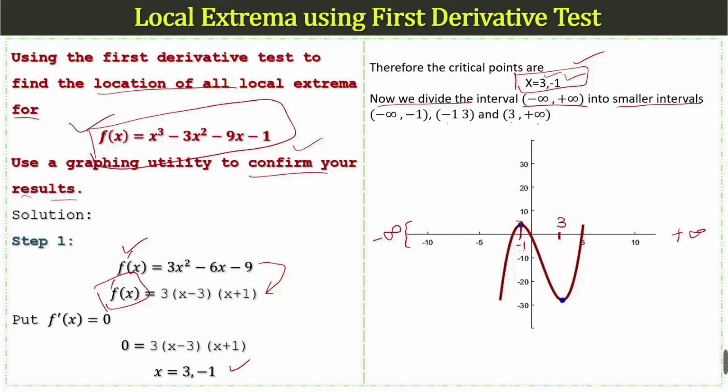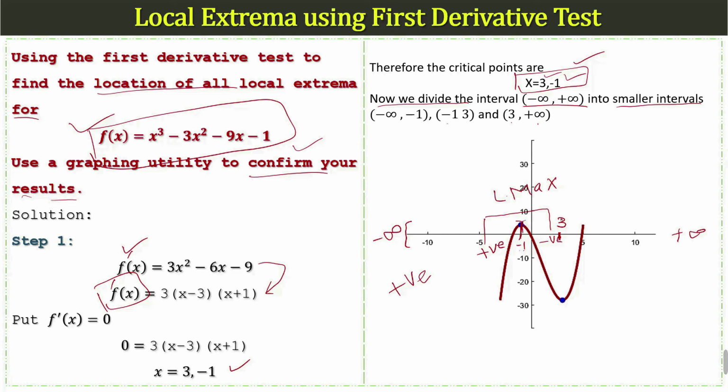We can put any value in this derivative function, and we will see the value of the derivative in this interval will be positive, and from minus 1 to 3 the value of the derivative function will be negative. We have already seen that when the derivative changes sign from positive to negative, the function has a local maximum.